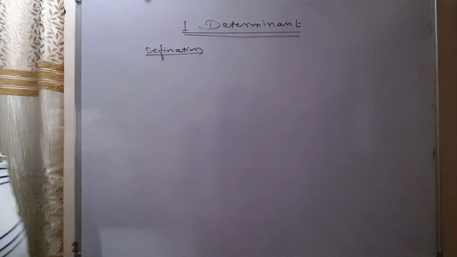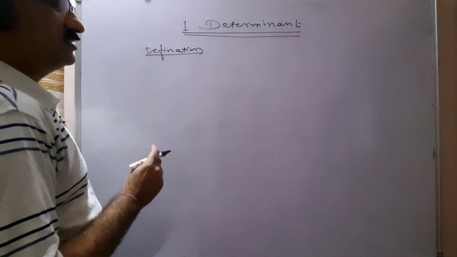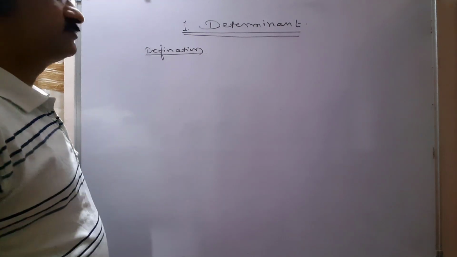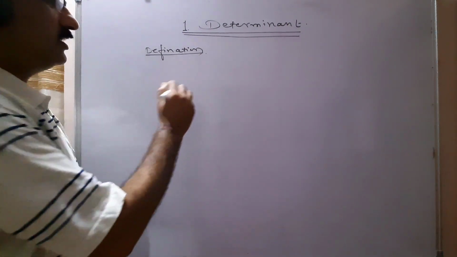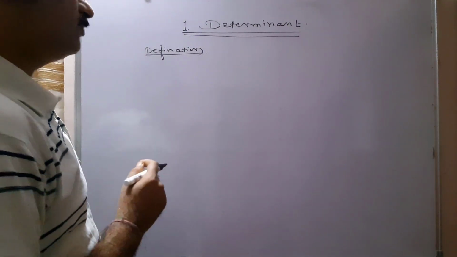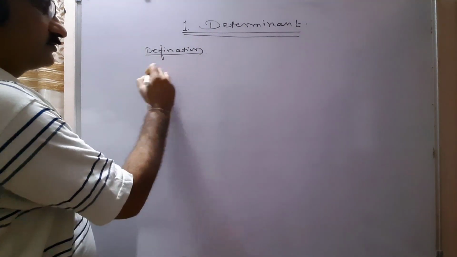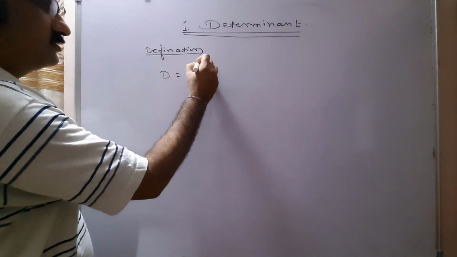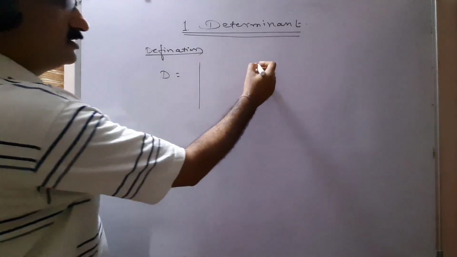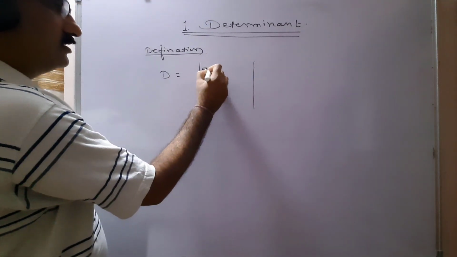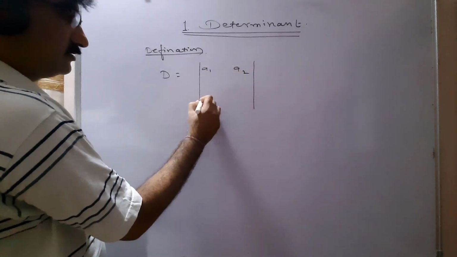What is determinant? Determinant is nothing but the arrangement of elements in the form of row and column between the two bars. Now here I denote determinant as D. These are the two bars and these are the elements.